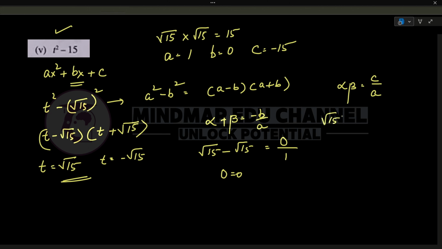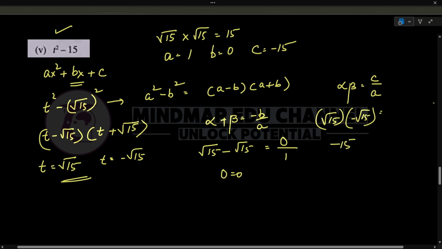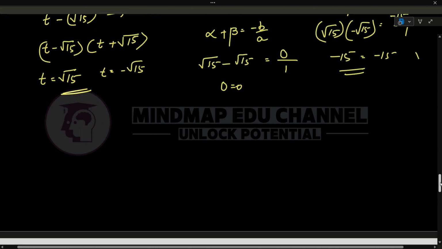That's root 15. And what's beta? That is minus root 15. So it will be root 15 into minus root 15. It will be minus 15. Now what's your C? C is minus 15 over A is 1. So right hand side is also minus 15, and hence we verified the relationship between the coefficients and the zeros of the polynomial.